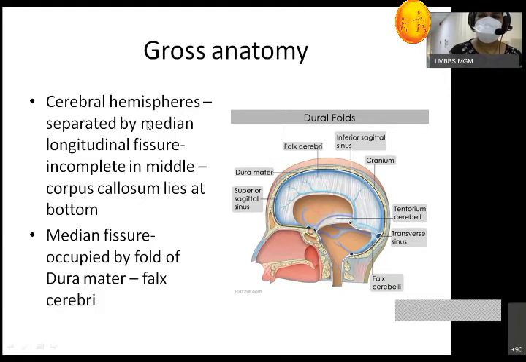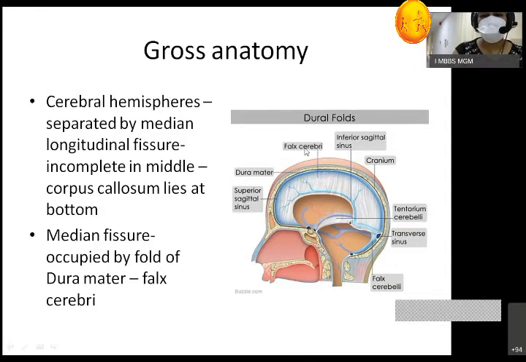So the two cerebral hemispheres are separated by the median longitudinal fissure, but not completely. In the upper part, it is complete, while in the lower part, the two cerebral hemispheres are joined by the corpus callosum. Now, in this median longitudinal fissure, there is again a fold of dura mater, which separates the two cerebral hemispheres. This fold of dura mater is called the falx cerebri.